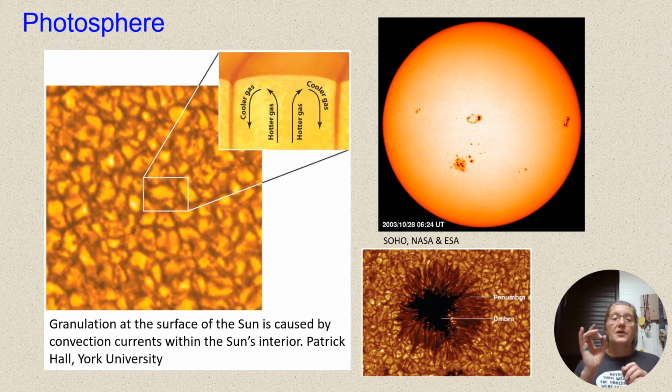You have the very dark umbra, in the very center, and then you have the penumbra, which is the lighter region around it. Okay, and then you've got the regular granulated photosphere around it. So these sunspots are cooler regions of the photosphere. Okay, they're cooler than the photosphere surrounding the sunspot.